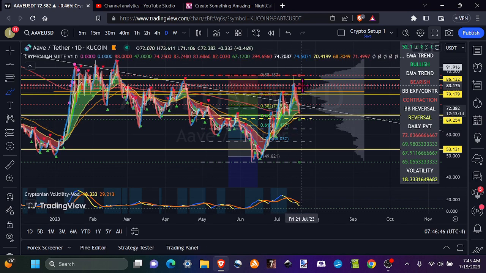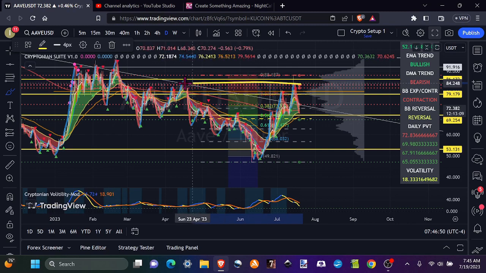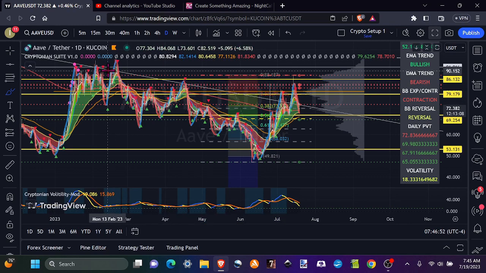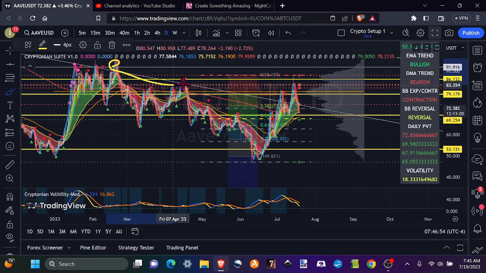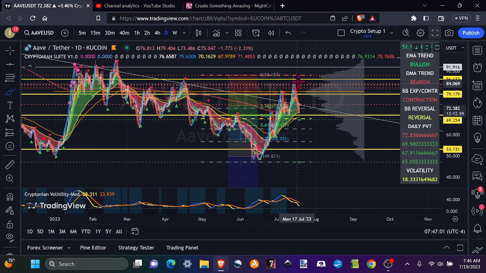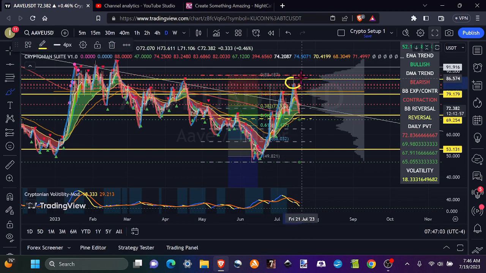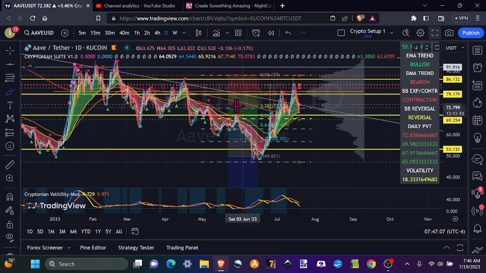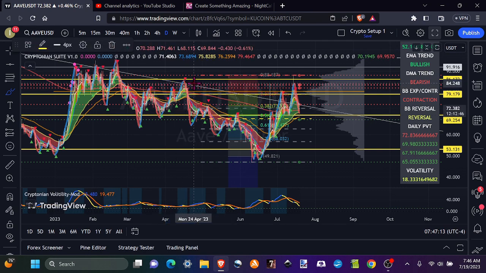What I like about this is here we made, it was not a lower low. When you see these highs being put in here on this downtrend, these are significantly lower highs. But now we've broken the pattern, putting in a higher high, or well, it's a higher high than these two recent points here, but it's about the same as this right here. And you can see all of these.